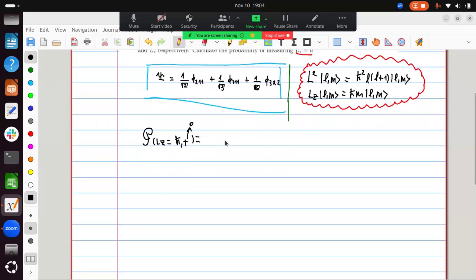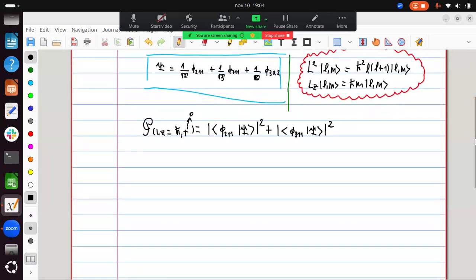It will be something like this: the bracket with 2, 1, 1 and the wave function, squared, plus the bra phi 311 with the wave function C, and all this squared.